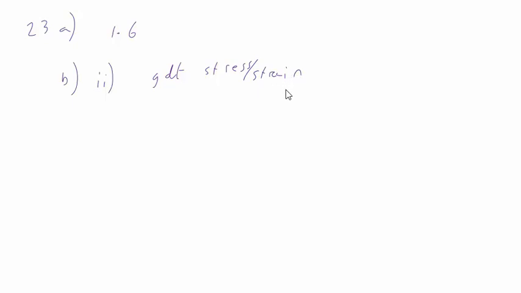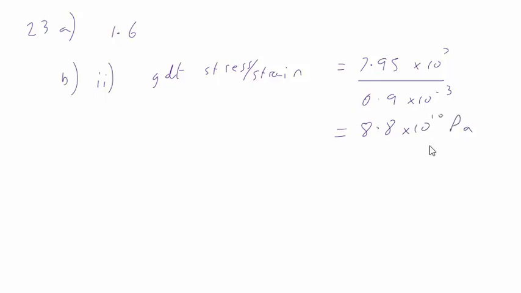And the figures I got were 7.95 times 10 to the 7 over 0.9 times 10 to the minus 3, giving you a Young modulus of 8.8 times 10 to the 10 pascals.